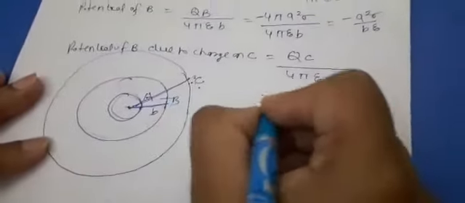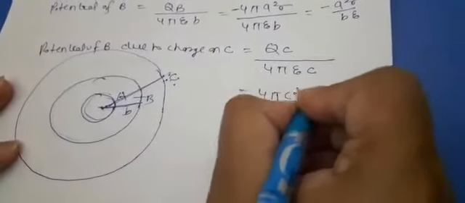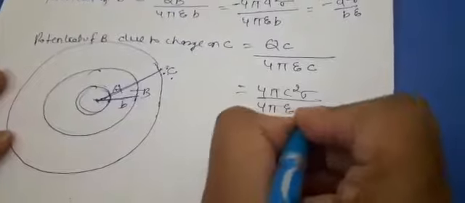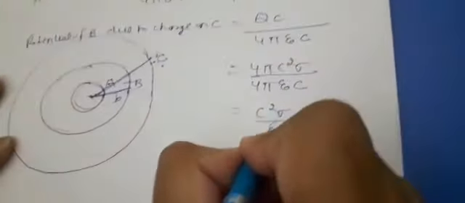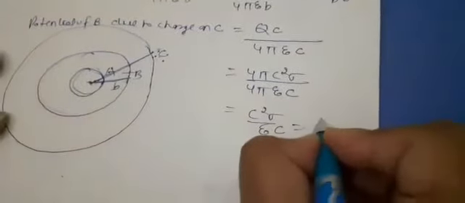So here 4 pi C square sigma upon 4 pi epsilon naught C. So it will be C square sigma by epsilon naught C, it will be C sigma by epsilon naught.